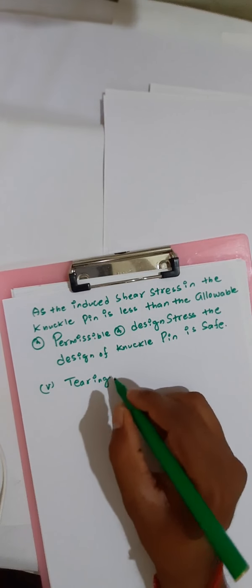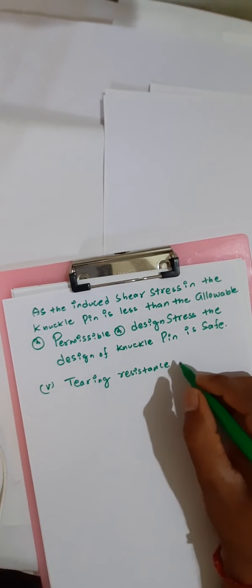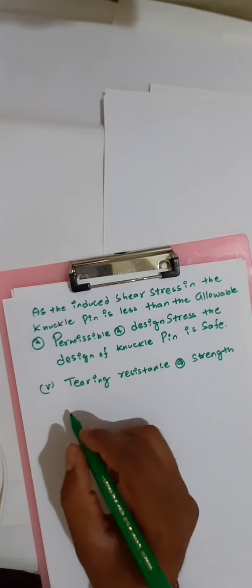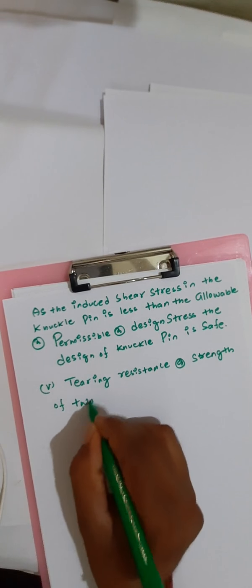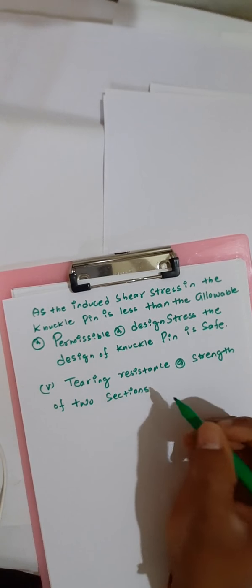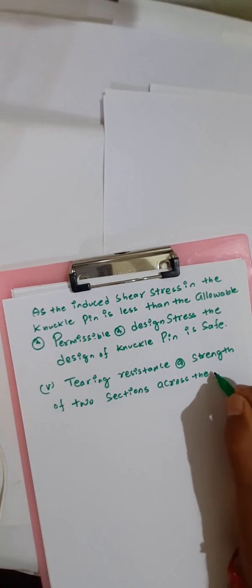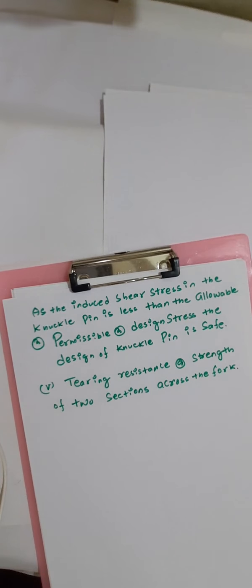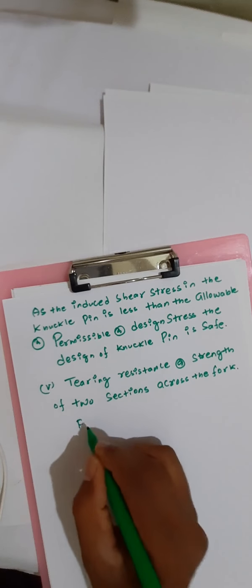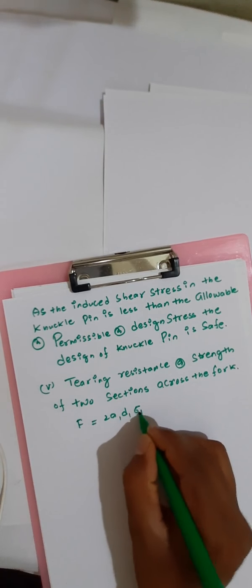The tearing resistance, or the strength of two sections across the fork, that is F is equal to 2 a1 d1 sigma t.